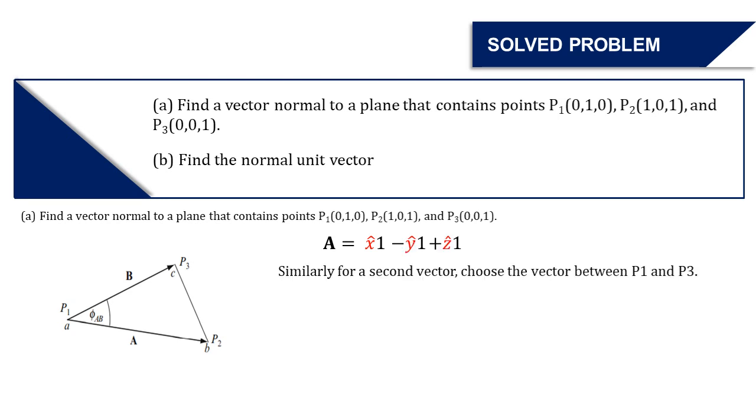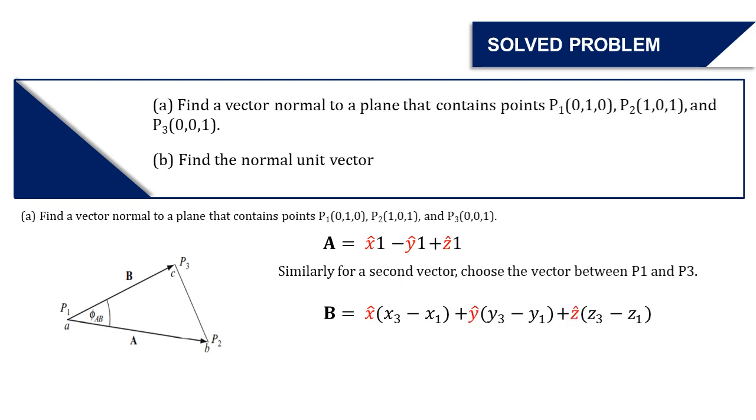Similarly, yung ating second vector, kailangan piliin naman natin yung nasa point 1 papunta dun sa point 3. Okay? So same approach, we are going to assign B as our vector. So B is equal to x hat, x sub 3 minus x sub 1, sa y hat, ganun din, then sa z hat.